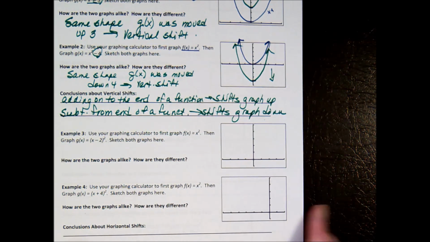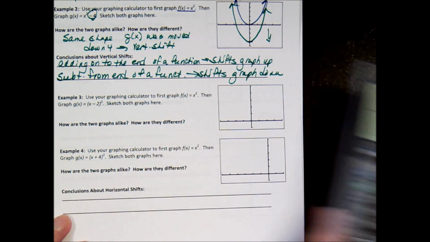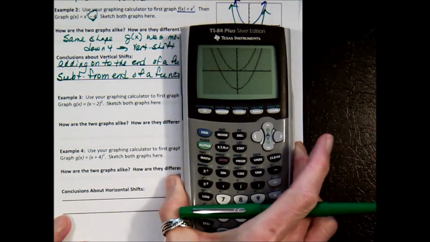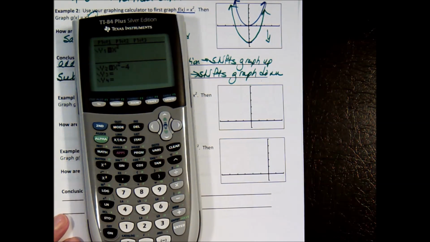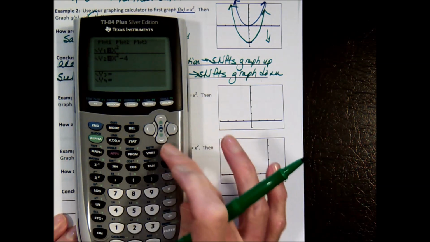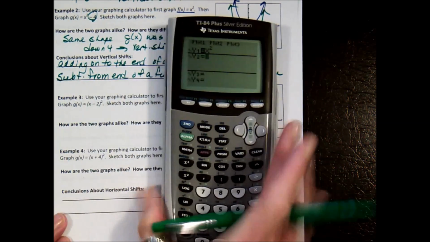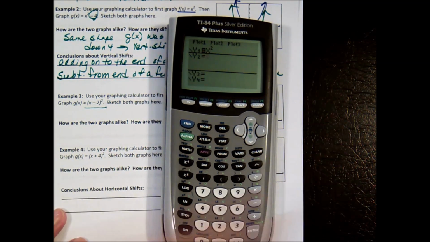All right, let's look at a second one. So in example 3, we're going to go back in our graphing calculator and we are going to go to our y equals. Once again, we're going to keep that x squared. So come down, and this time I want you to hit clear, because what we're going to enter this time is parentheses x minus 2 quantity squared.